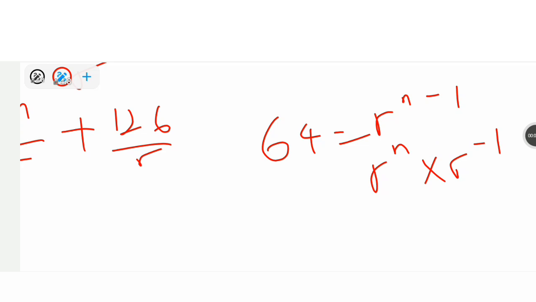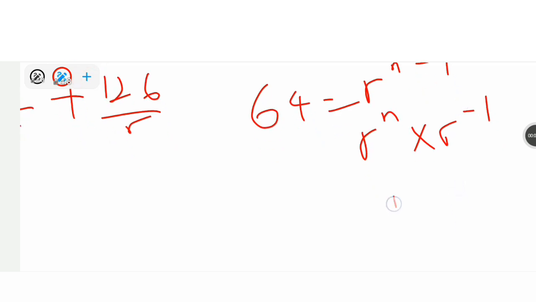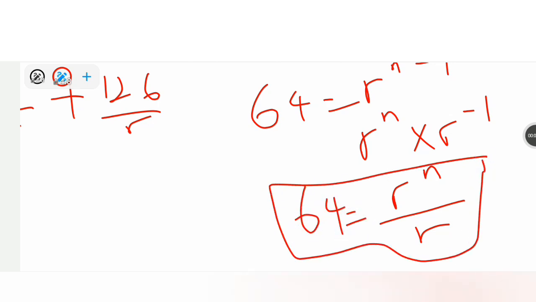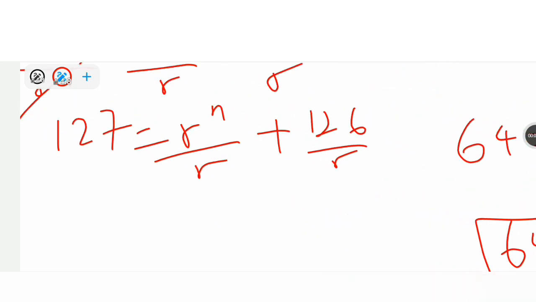So r^(n-1) is the same thing as r^n over r^1, or r. So that means 64 equals r^n over r. So anywhere you see this, you can write 64 there. We already have r^n over r here, so you can represent this with 64. So I can just put 64 here.